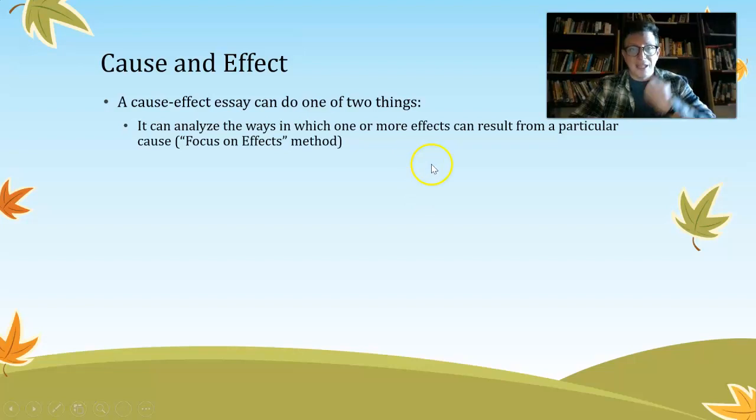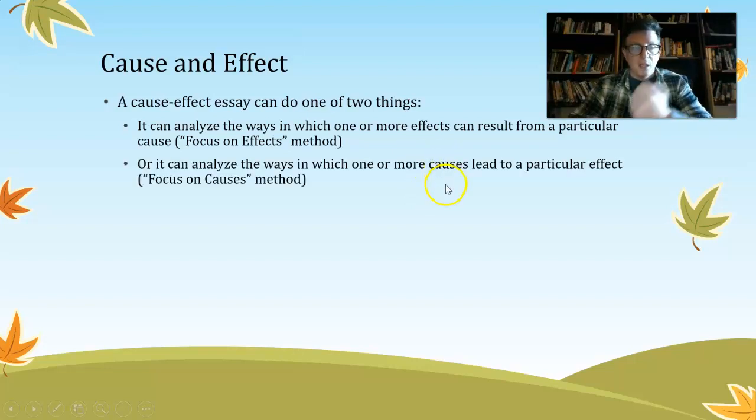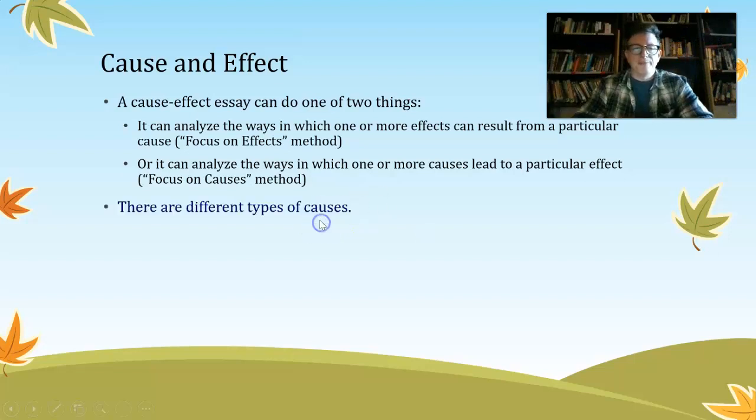So just focus on effects. Or it can analyze the ways in which one or more causes lead to a particular effect. So here's the cause, but we're going to talk about a bunch of effects. Or here's the effect, but we're going to talk about a bunch of causes that add up to that.